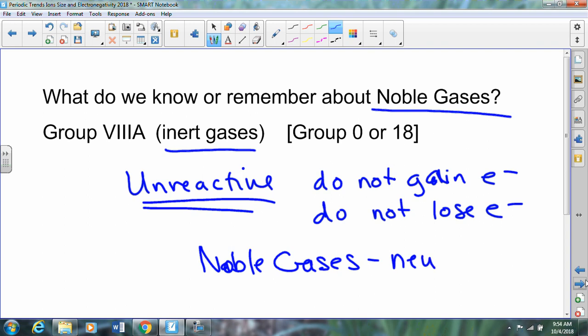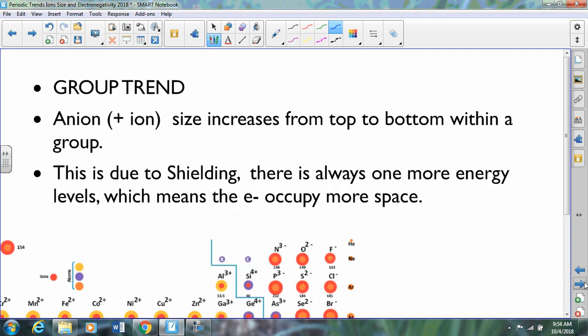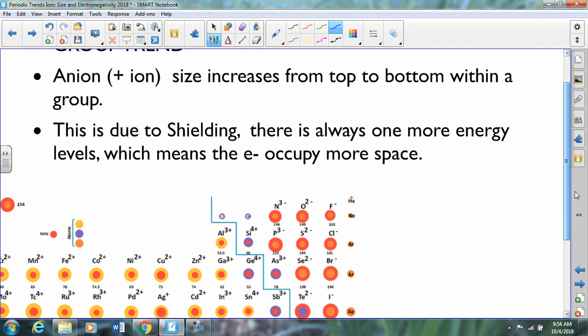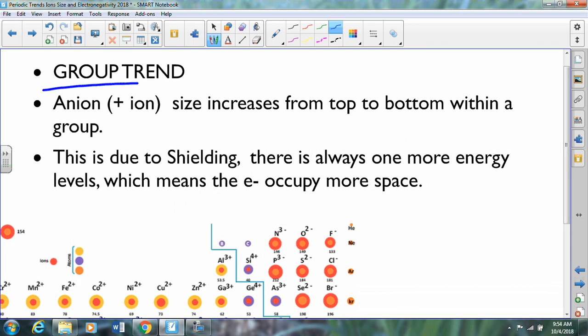We've already looked at the trend across, and so now we're going to look at the trend down for the group. It's really better if we focus on this area right here. And we realize every time we get to a halogen right here, it's going to gain an electron. We already know it's going to get bigger. The thing we want to focus on is what happens to the element below it.